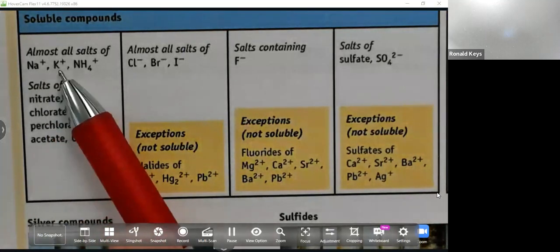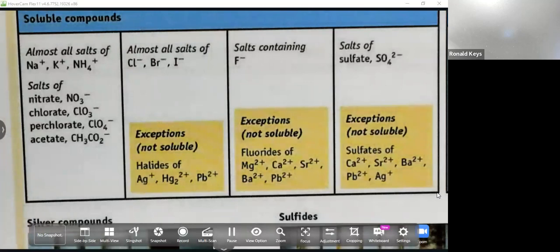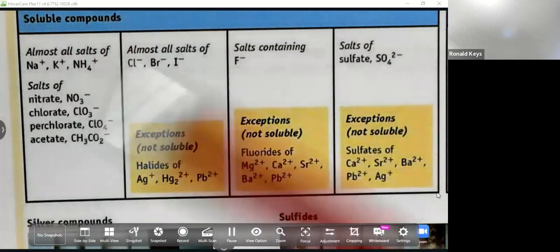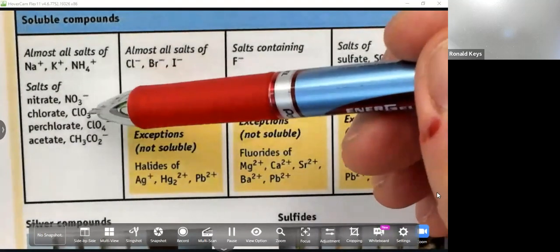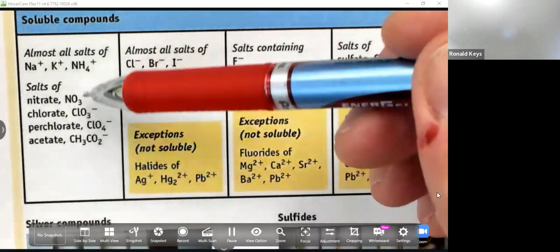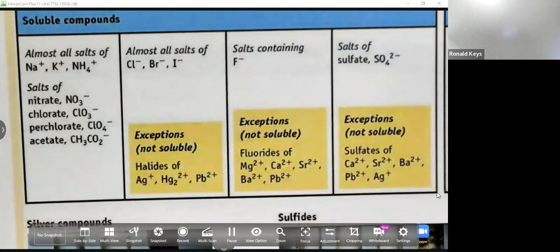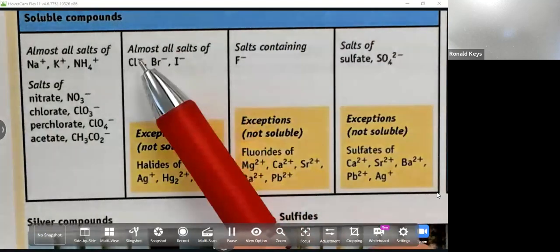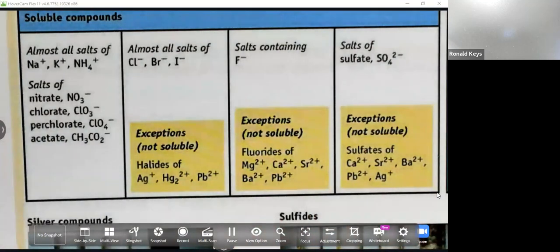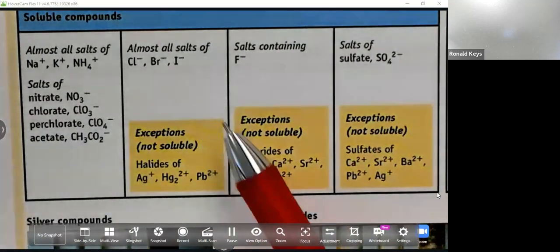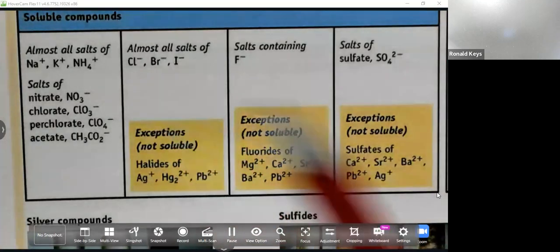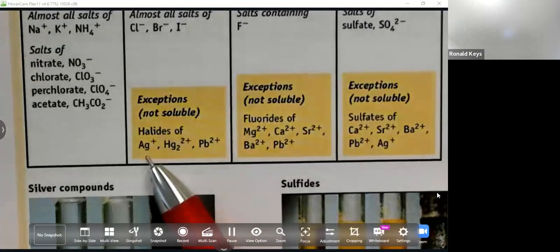You have to remember sodium, potassium, ammonium are going to dissolve. And then nitrates, chlorates, perchlorates, acetates, these pretty much dissolve. Chlorides, bromides, iodides dissolve almost all. These are the exceptions.